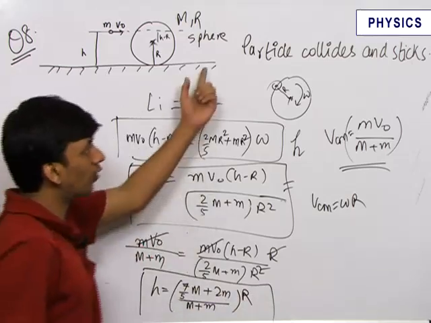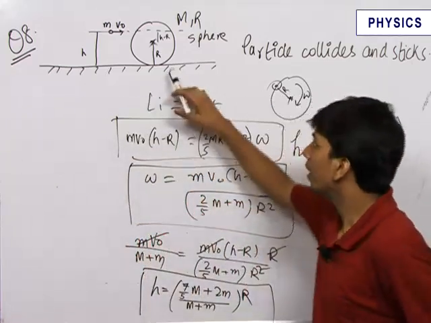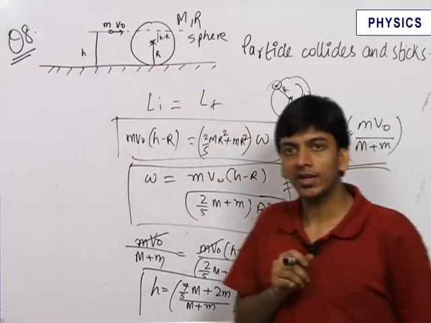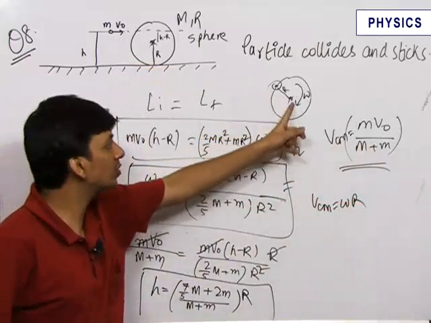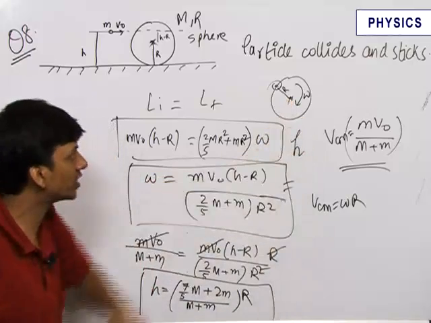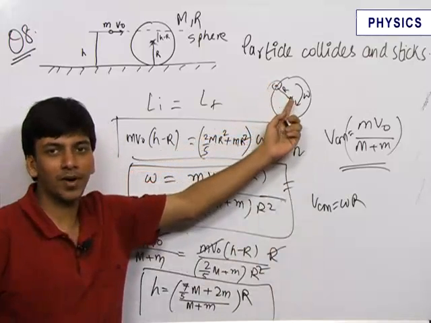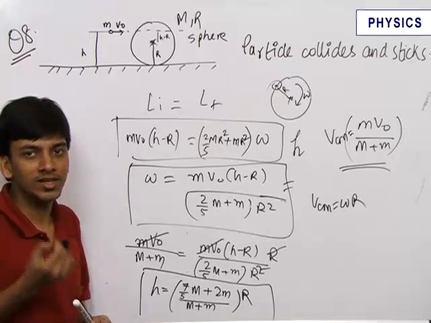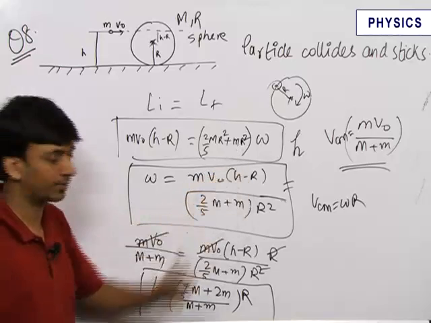While solving this question, we made one important assumption which you should keep in mind: when this particle gets attached to the sphere, the center of mass of the whole system changes, but we assume the center of mass to be still at the center. An important assumption which I forgot to mention is that this mass m is very small as compared to the mass of the sphere, due to which the center of mass can be assumed to be almost at the same point. But we cannot neglect the moment of inertia which we have already added here.